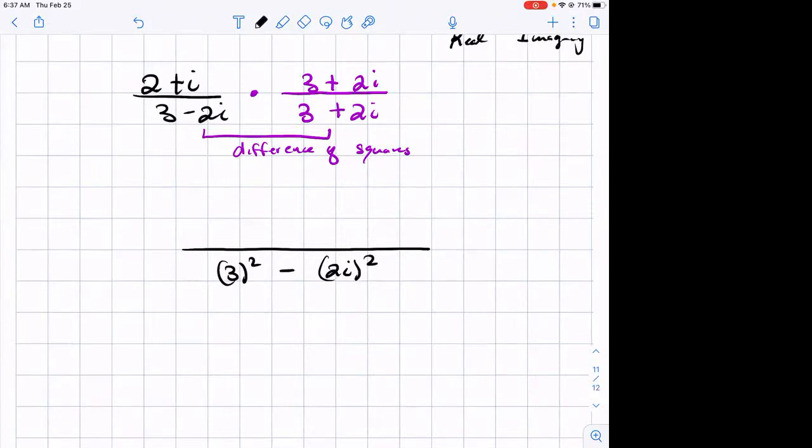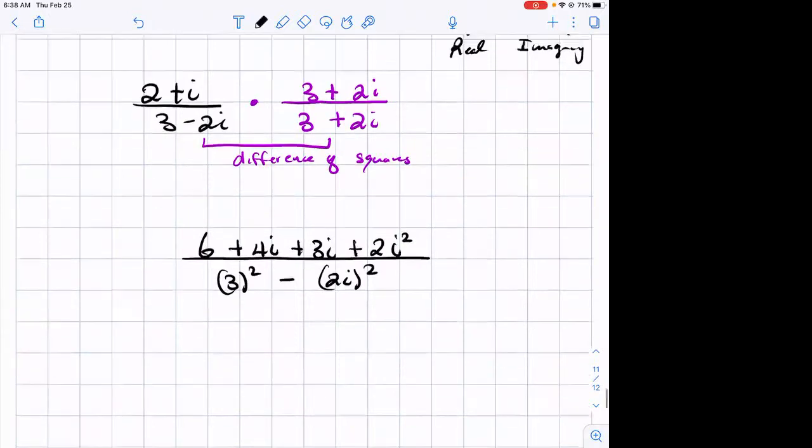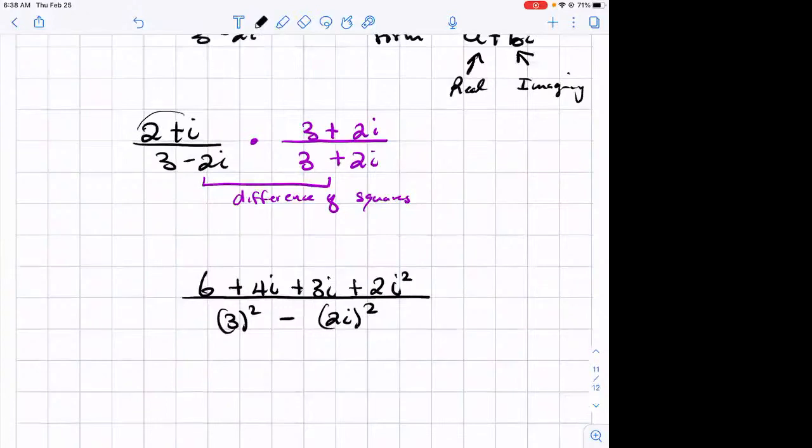And if you distribute the top using FOIL, you will get 6 plus 4i plus 3i plus 2i squared. We obtain that by multiplying these two.